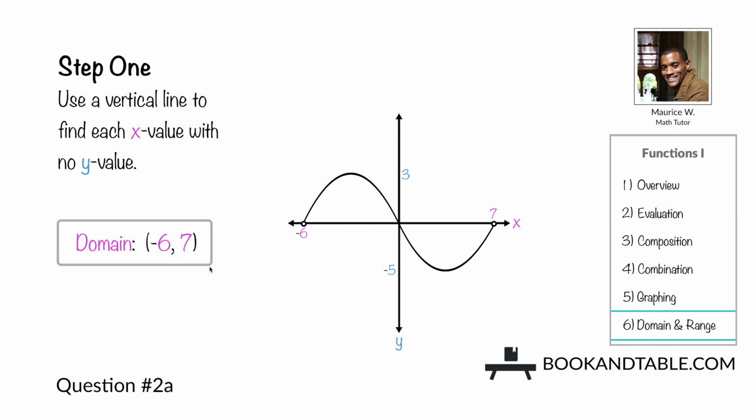So the domain would be parenthesis -6, that's the smallest x value, up to 7, the largest x value, with parentheses enclosing them, since neither number is included in the function.